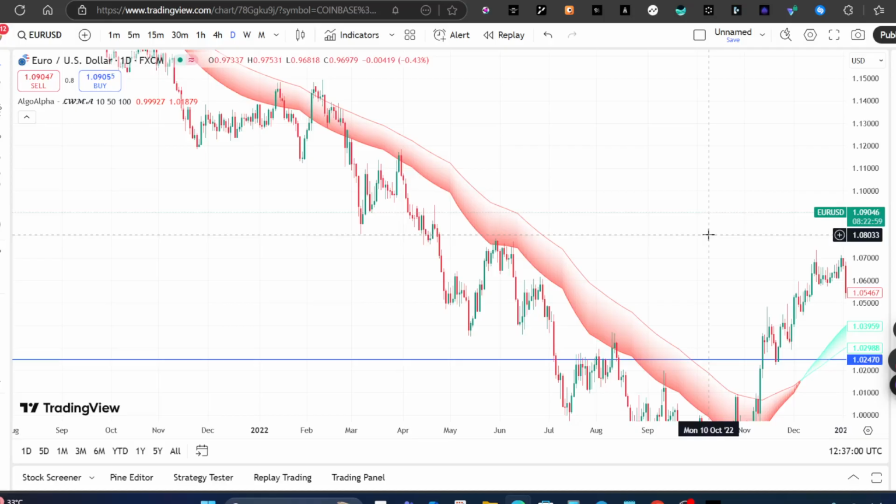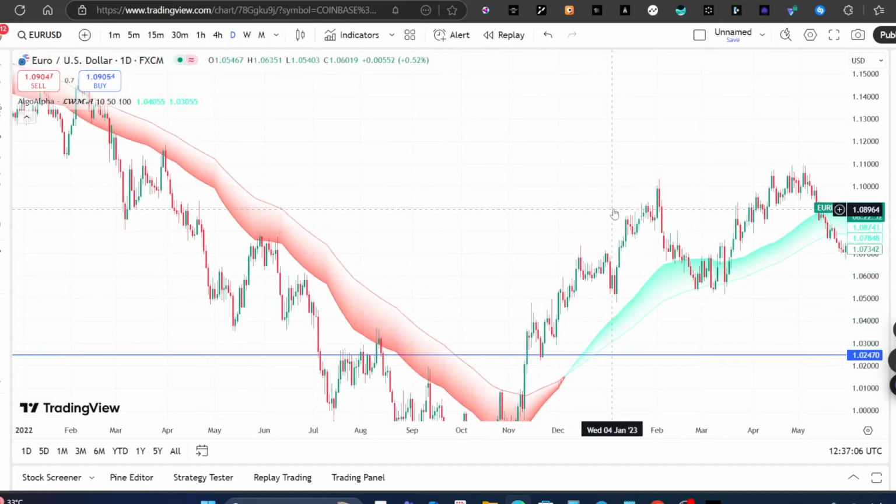This makes it a perfect tool for Forex traders who need to be more reactive to sudden price changes. It helps you filter out irrelevant price movements and focus on the big trends that matter. So whether you are trading major currency pairs or less liquid markets, the LWMA can help you make more informed decisions and stay ahead of the market.